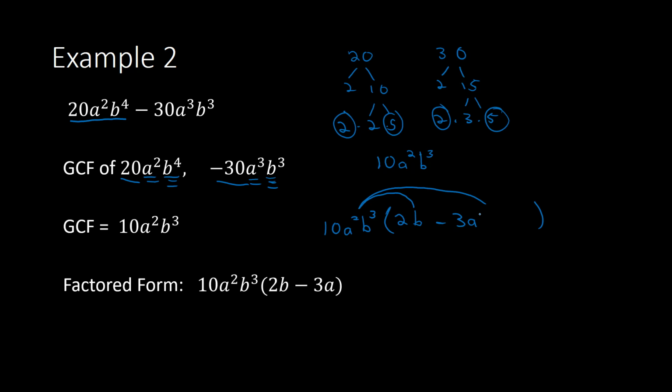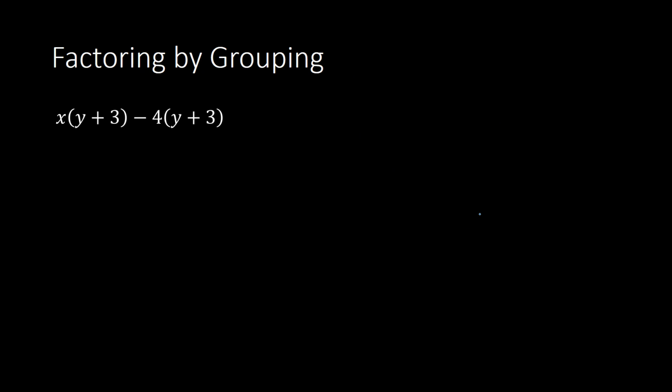Now, using what we just learned with factoring, we're going to teach you how to factor by grouping. So here we see x times y plus 3 minus 4 times y plus 3. And this is exactly the same concept that we were just using, where to factor, in this case, we want to pull out what they have in common, the greatest common factor. Well, notice they both have a y plus 3 in common.